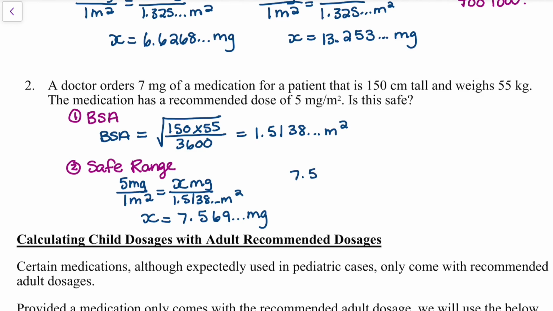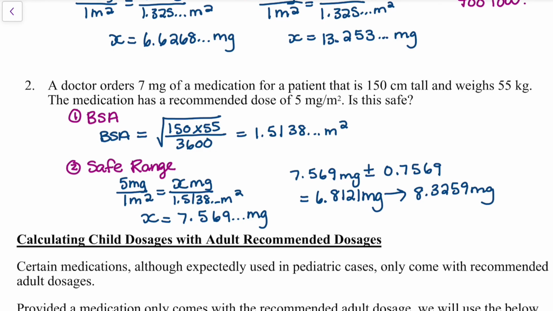So that means I can do, if we say 7.569, we round to the 3, milligrams plus or minus 0.7569. So that means I can do 6.8121 milligrams up to 8.3259 milligrams.